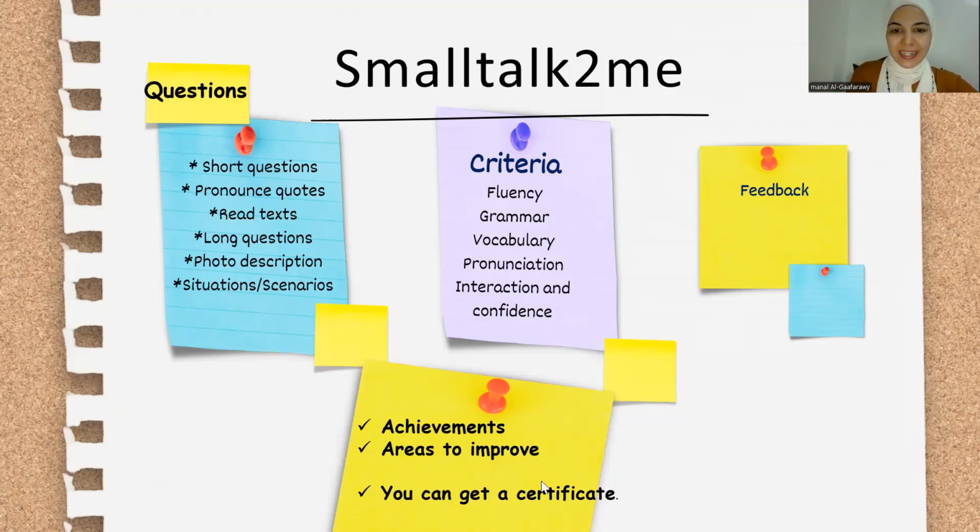And interestingly, you can get a certificate as a kind of motivation. So this is the feedback, and the feedback that this website provides is invaluable because it shows you what to do next.